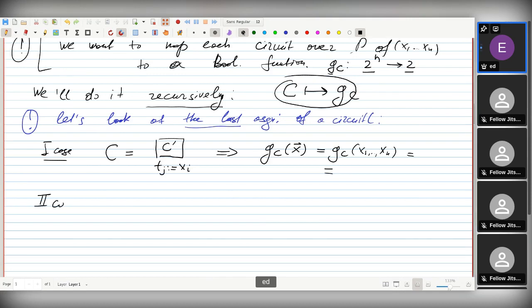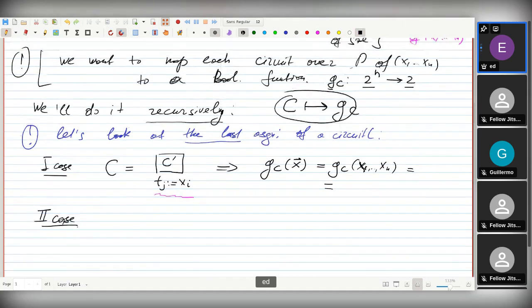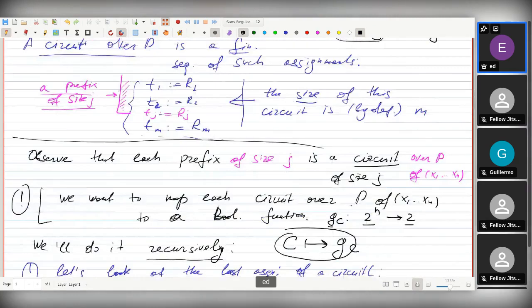Do you understand this? A function. Okay, it is a function, but it must return a Boolean value. Which one? Assume that we have denoted its inputs as x1, x2, xn. So which one must it return? If the last line was like that, tj assign xi.